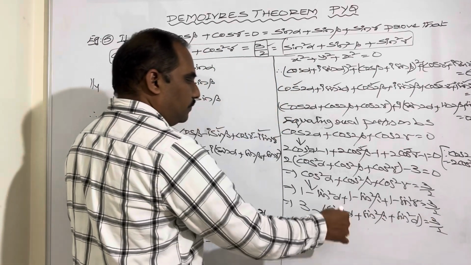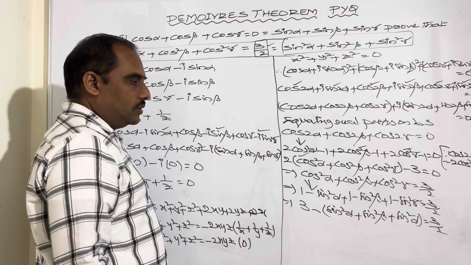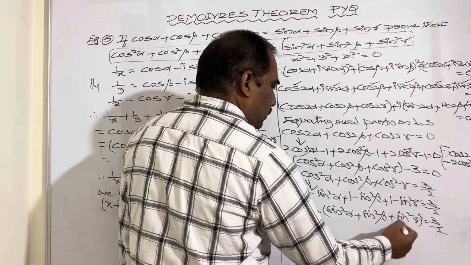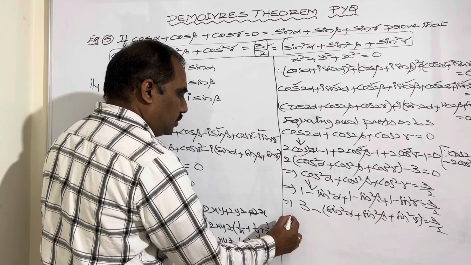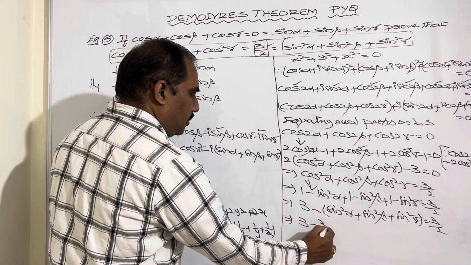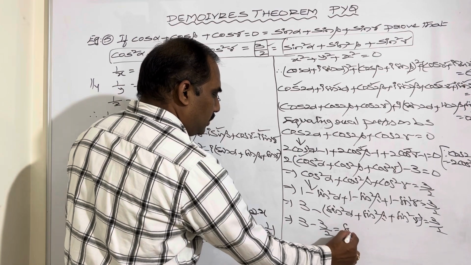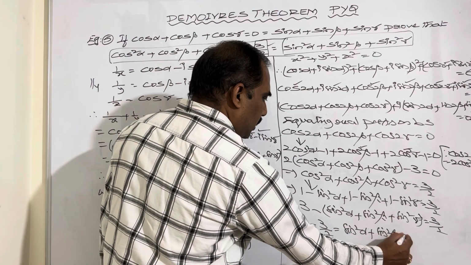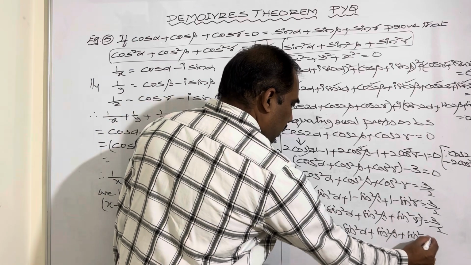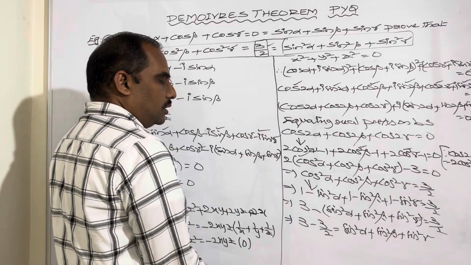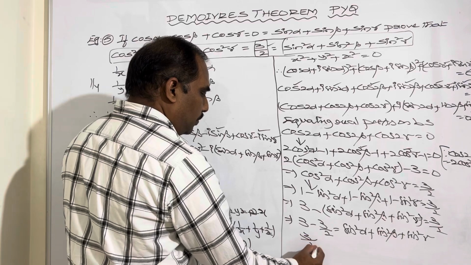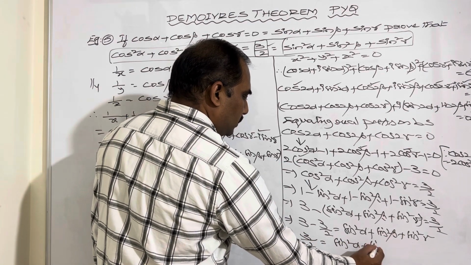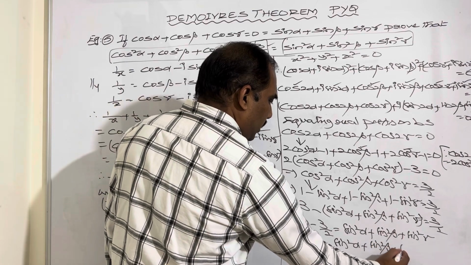So 1 plus 1 plus 1 is 3, and if you take minus common from the three terms, sin square alpha plus sin square beta plus sin square gamma is equal to 3 by 2. Then if you send sin square alpha plus sin square beta plus sin square gamma to the right side and bring the 3 by 2 to the left side, 3 minus 3 by 2 is equal to sin square alpha plus sin square beta plus sin square gamma. Here 3 minus 3 by 2 is equal to 3 by 2 only. So 3 by 2 is equal to sin square alpha plus sin square beta plus sin square gamma.